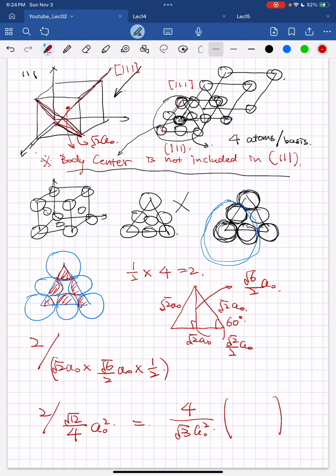Now this is the number of atoms per unit area. Now the rest is very easy.